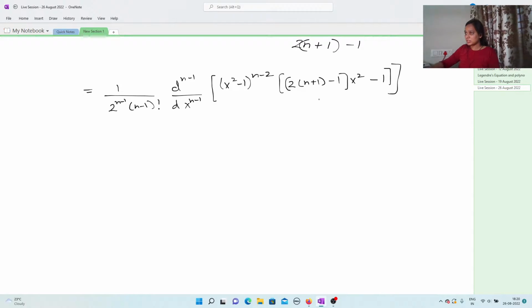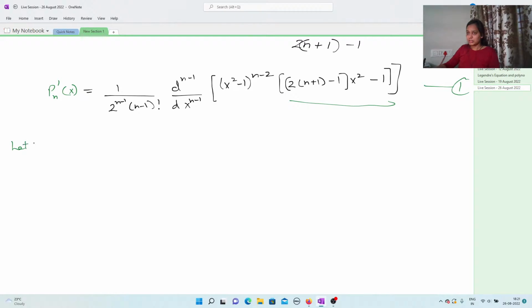Let's see what this means, if you just look at this term. So let this be this only P dash n of x, and let's call this the first equation.